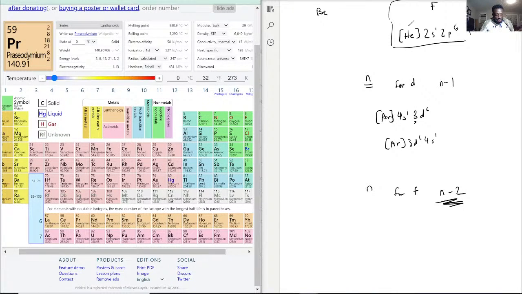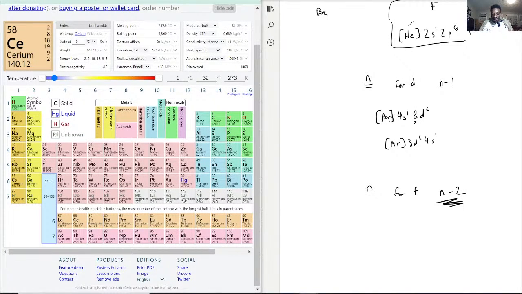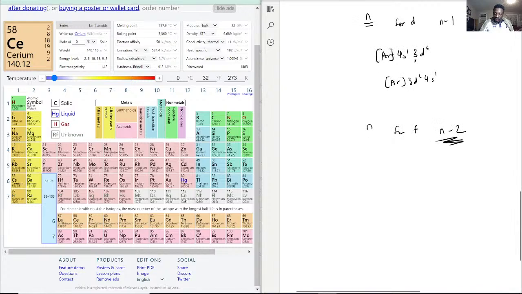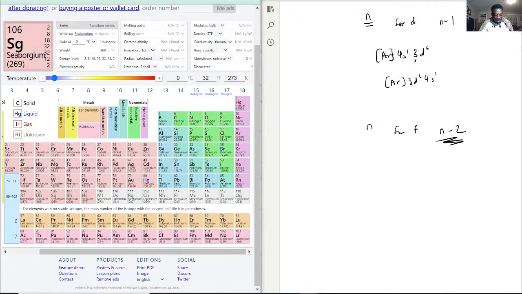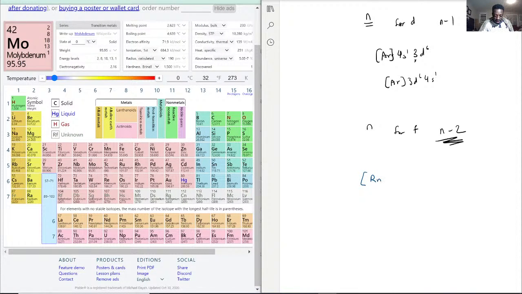Uranium is a pretty relatively safe bet because we've all heard of that element, hopefully. So uranium, we can just skip because it's on the 7th row. So radon from the 6th row would do just fine. And we know that it's covered 7, so a 7s1 that's covered. We'll reorganize it later.